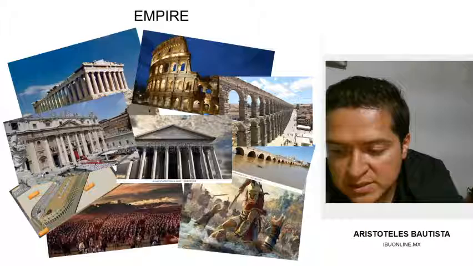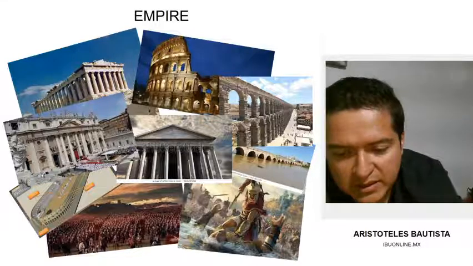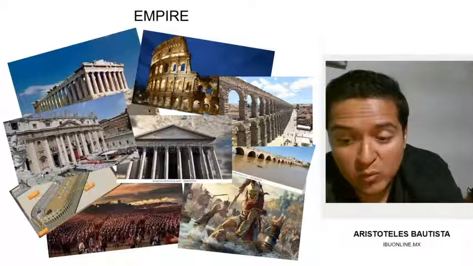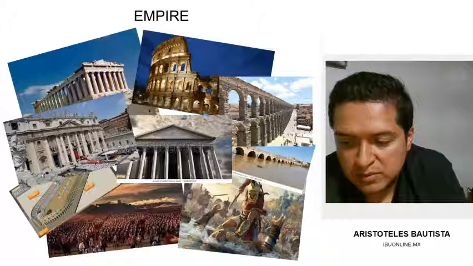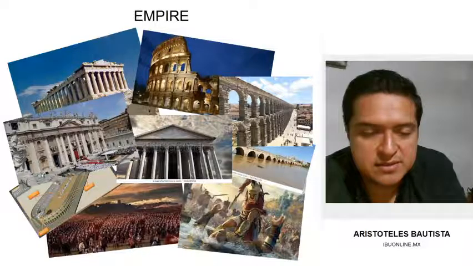All these things, can you see it? All these things happened thanks to one thing. And that thing was the most powerful army in the world, and its infantry units called the legions.